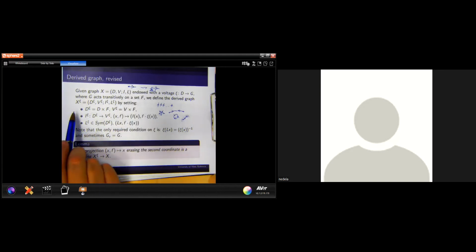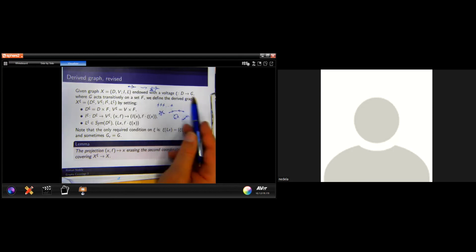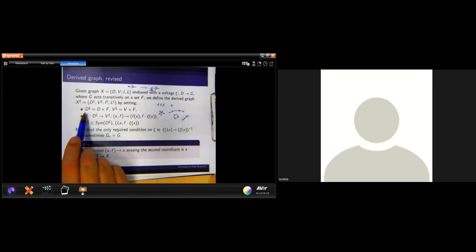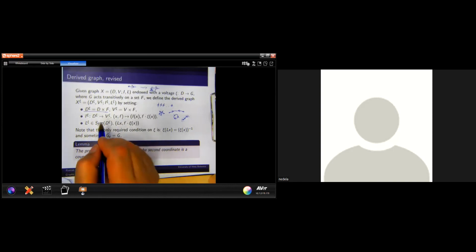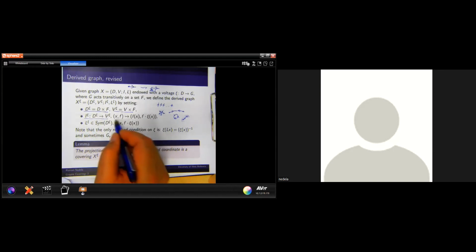Okay, and how is a derived graph defined? Suppose we have a voltage, whatever it is. We associate elements of a group, and this group acts on some abstract fiber. So what we do? We take the Cartesian product, D times the abstract fiber, the same for vertices, and we define the incidence function in a natural way.